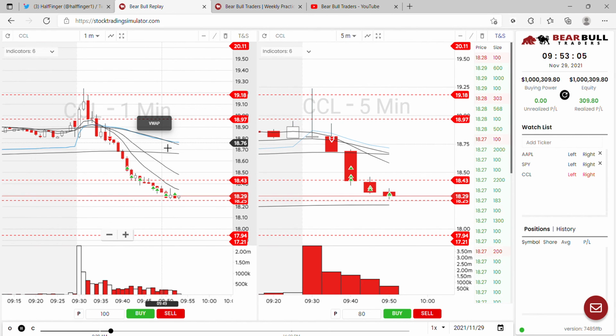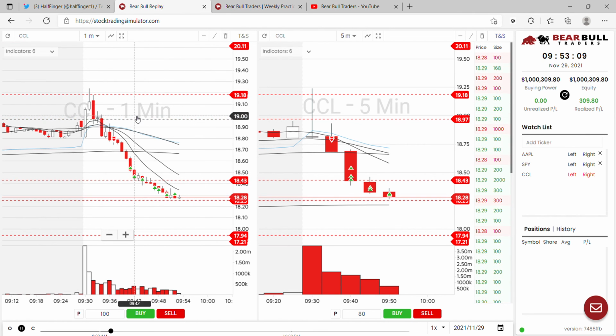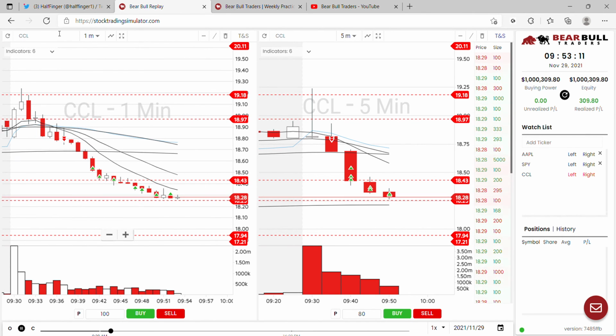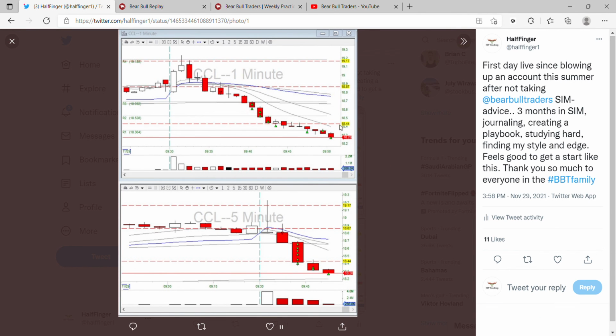And I actually traded this live. As you can see, I had about the same entry and partialed a bit more, but got the 1828. That's the place I finally got out. Put a few more partials here the first time.